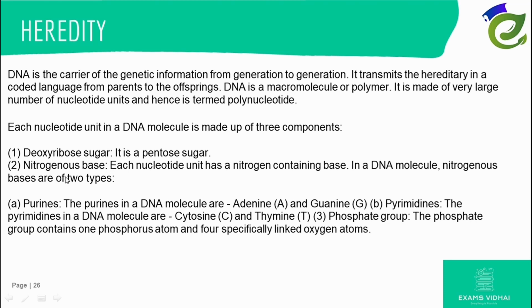In this nitrogenous base you have purines and pyrimidines. What are purines? A and G, adenine, guanine. Pyrimidines, cytosine and thymine. Now the third component is the phosphate PO4 group. So this is all about the three components of nucleotides.